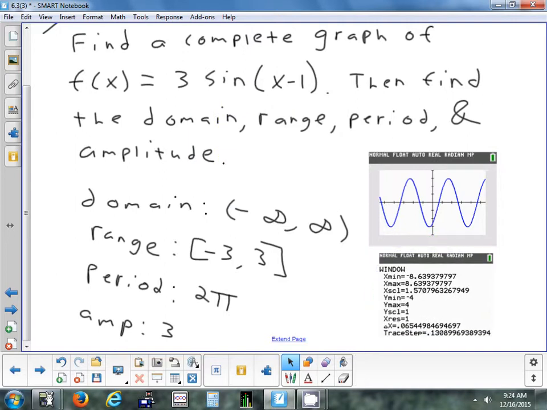Okay, that's the window we used. You could just do -8 to 8. That's fine. And same on the y-axis, you did -4 to 4. You could get away with -3 to 3, although your graph would be right on the edge of the screen. Okay, any questions on that?